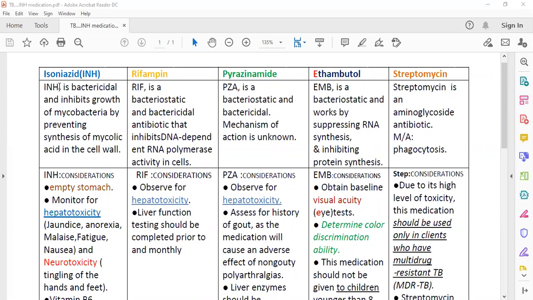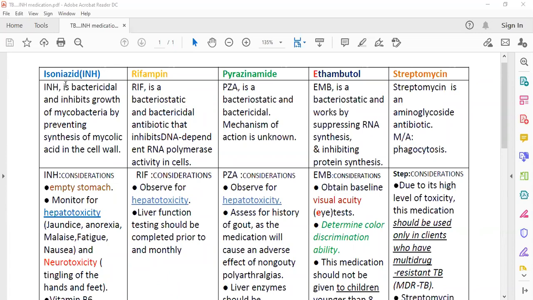Isoniazid is bactericidal. So what is the difference between bactericidal and bacteriostatic? Bactericidal means the medication can kill the bacteria, and bacteriostatic means the medication can reduce the growth of bacteria.